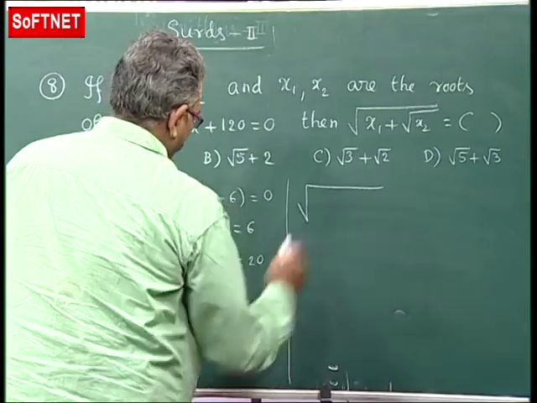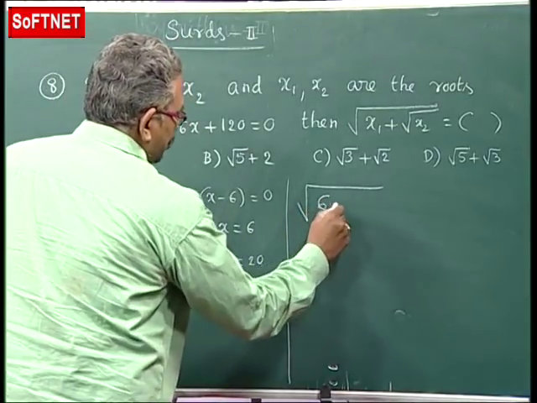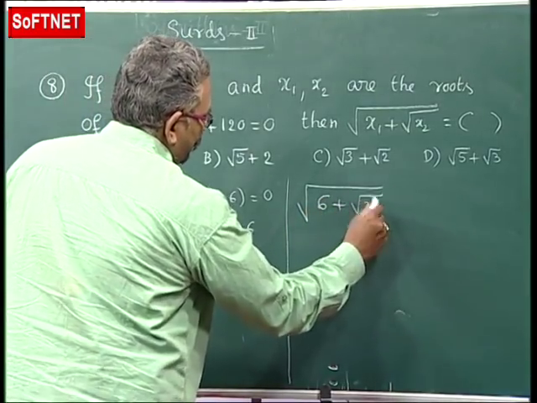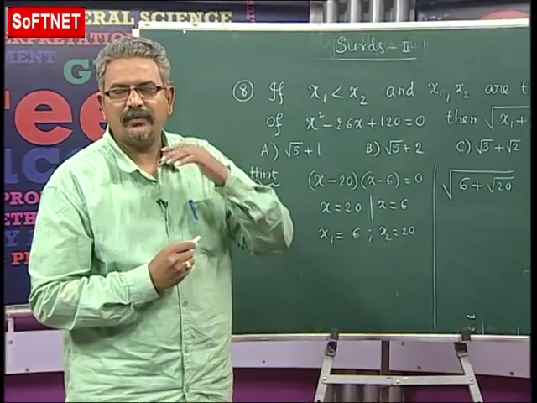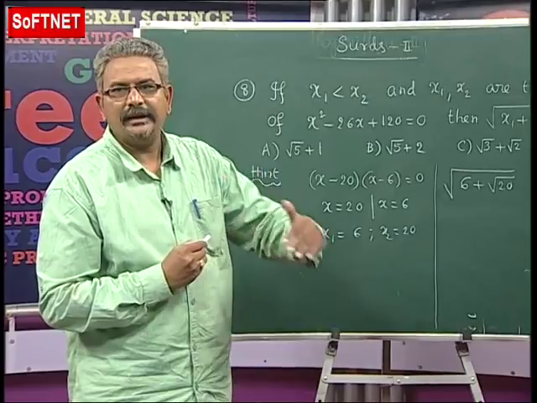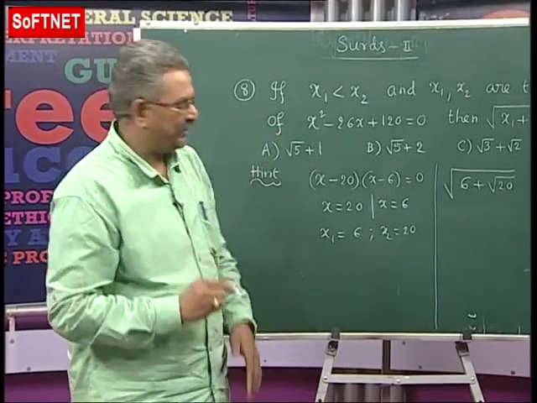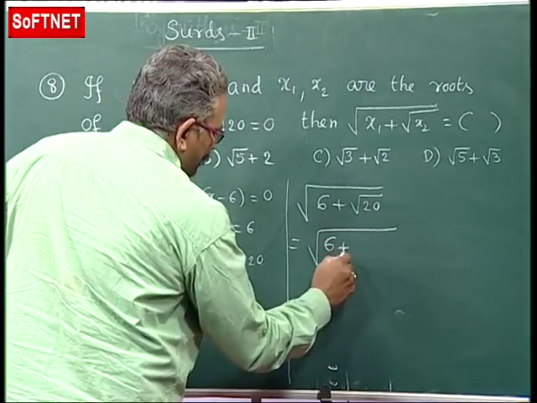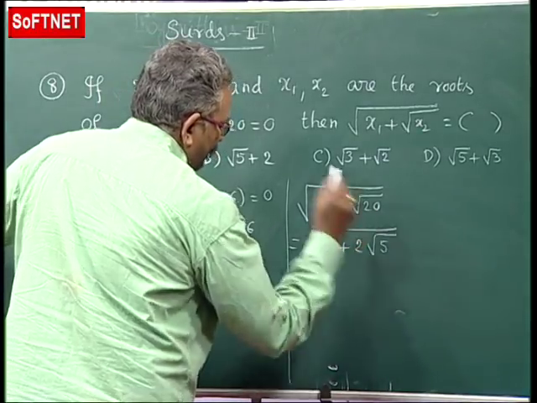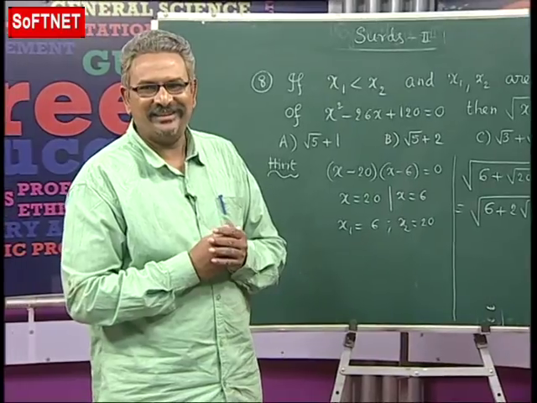So root of x1 is root 6 plus root 20. Can I write root 20 as root of 4 into 5, that is 2 root 5? Yes, 6 plus 2 root 5. 5 is a prime number.